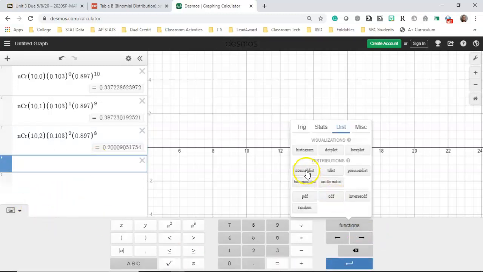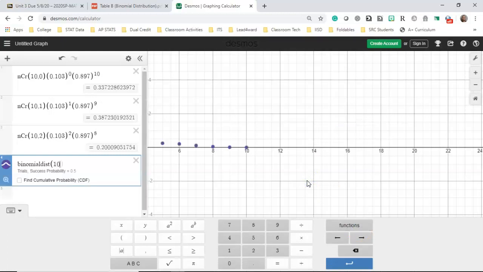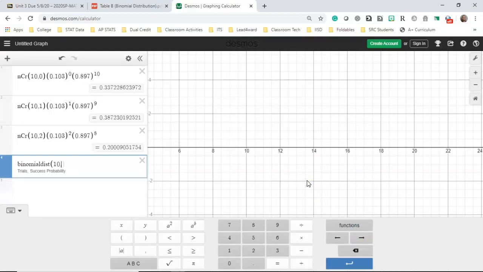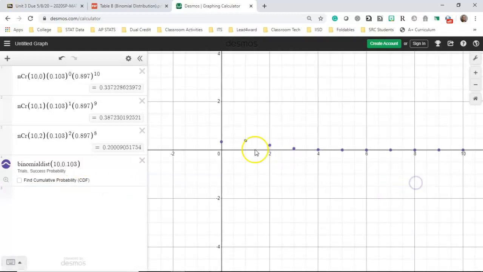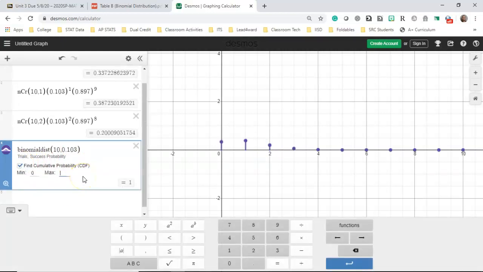So if I go binomial distribution, 10 is the trials, the success 0.103, and honestly, you could click on here. So no dropout, 1 dropped out, 2 dropped out, and if I wanted it to add for me, I just go from 0 to 2, and it adds those 3 values together. You can even see them highlighted up here in Desmos.